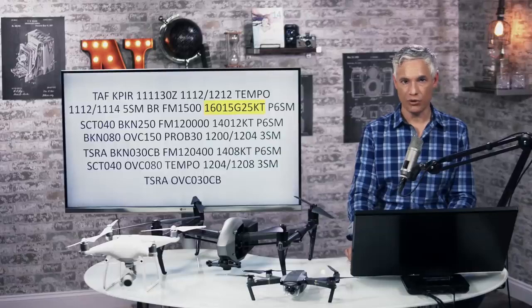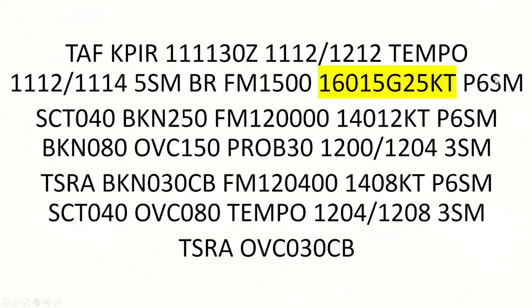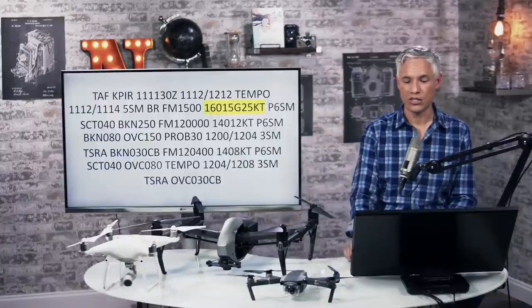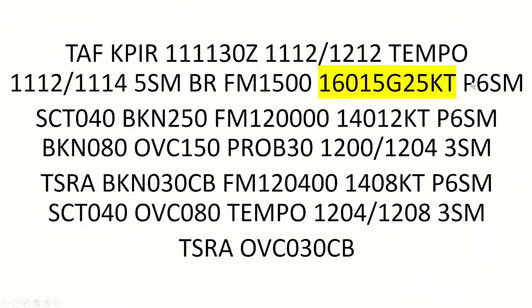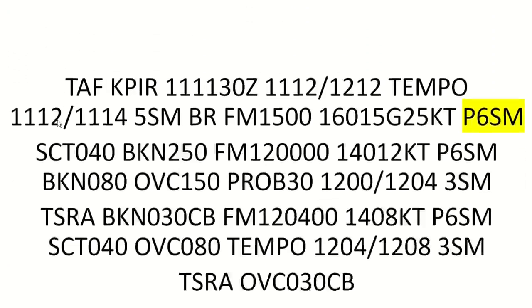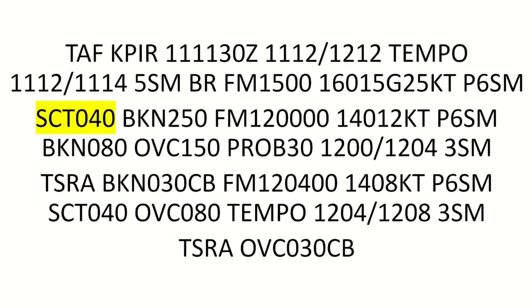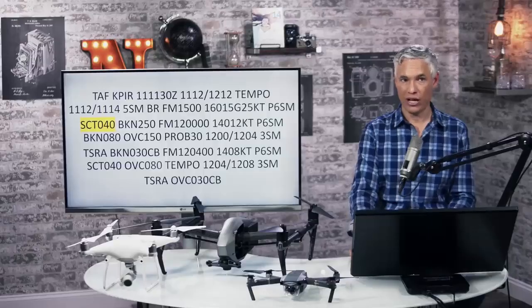And during this time period, SM, remember SM means statute miles. It's a measurement of distance. That's your visibility. So 6 statute miles, they just put a P if it's 6 or more. That means you have great visibility. And now this is a description of the clouds, the various cloud cover, because pilots care about clouds.